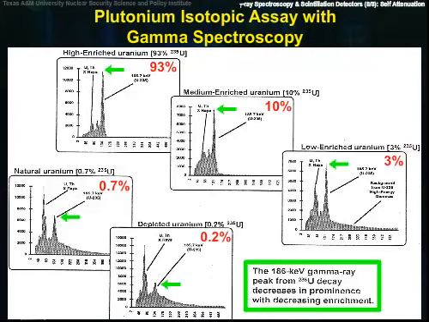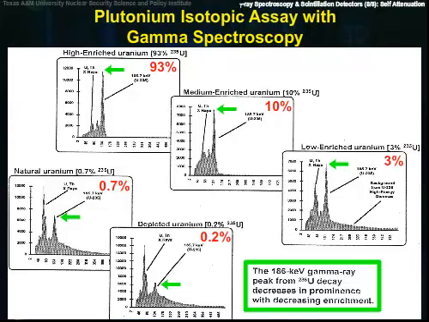Note the progression of the spectra as the isotopic composition moves from U-235 dominated to U-238 dominated at 0.2% U-235. The uranium-235 line at 186 is almost gone.